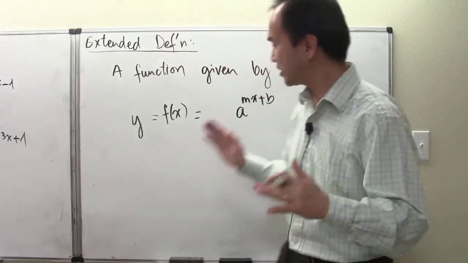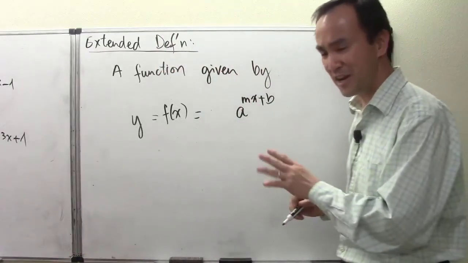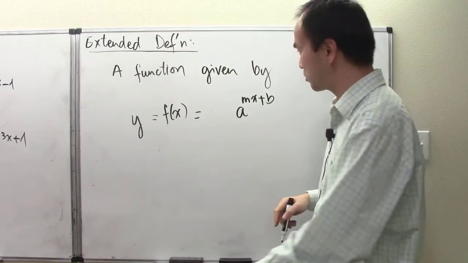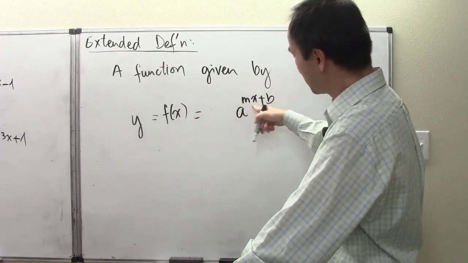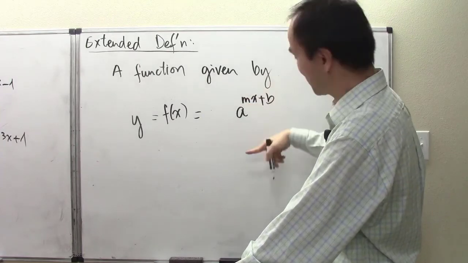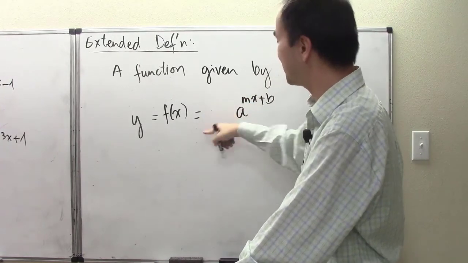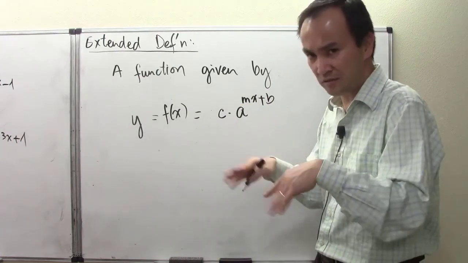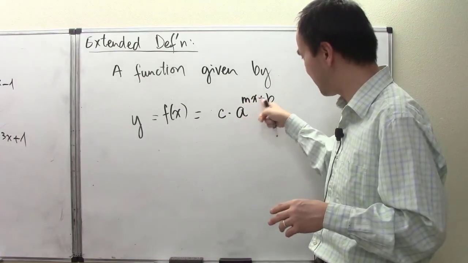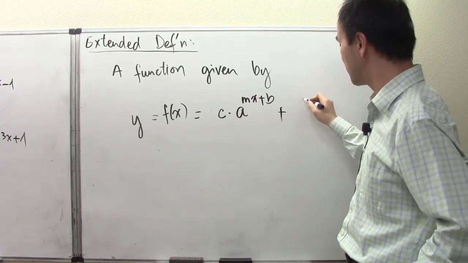And so now back to the halfway completed definition, the extended definition of an exponential function. Any function in the form of a base raised to a linear function like that, and even further, with a constant coefficient in front. So c times a to the mx plus b, and then plus a constant.